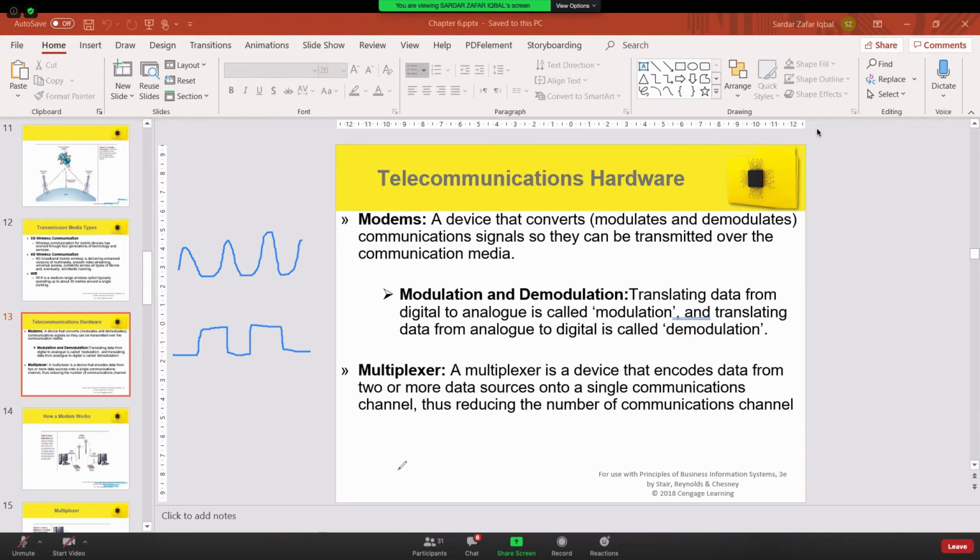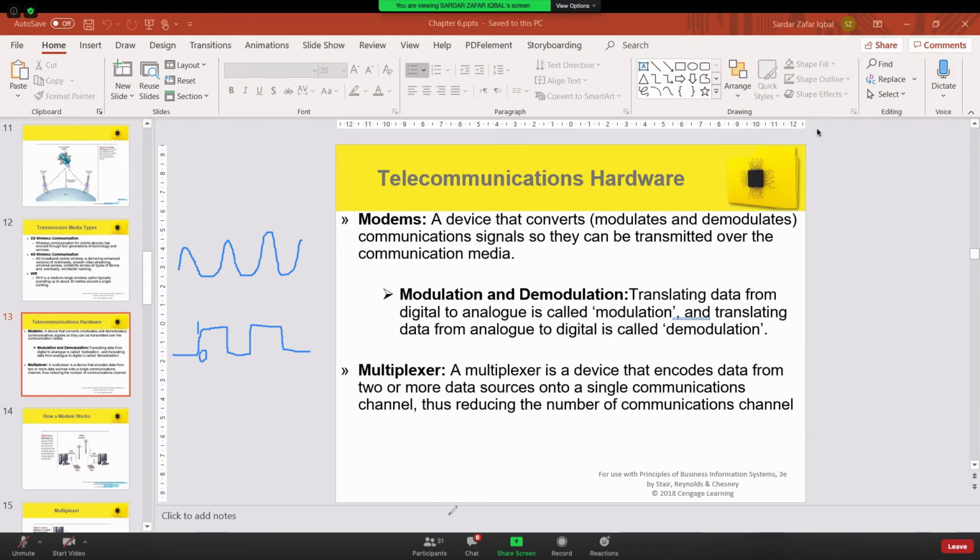The first one is the analog signal, and the second one is digital. The computer understands this digital form, 0 and 1.